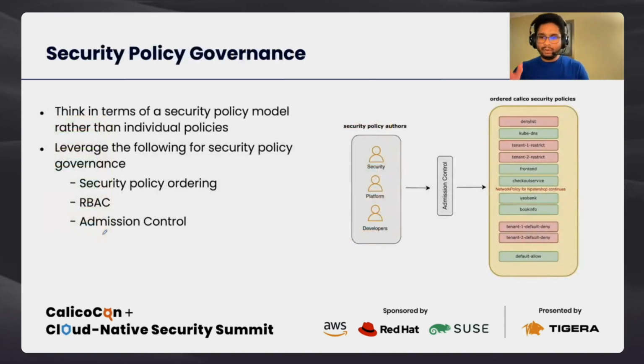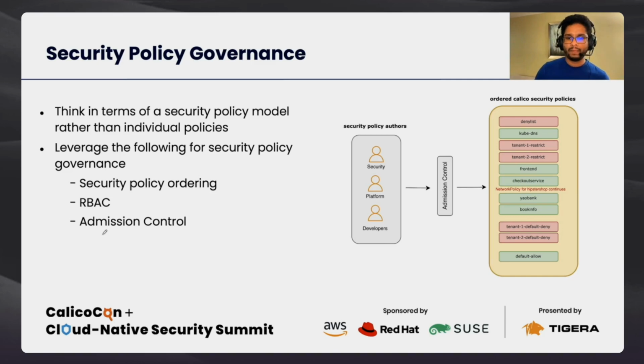All right, so with the policy model built, now you're in a position to introduce security policy governance. And when you're thinking about governance, you've got to think in terms of a policy model rather than individual policies, and leverage security policy ordering, role-based access control, and admission control to enforce policy governance.